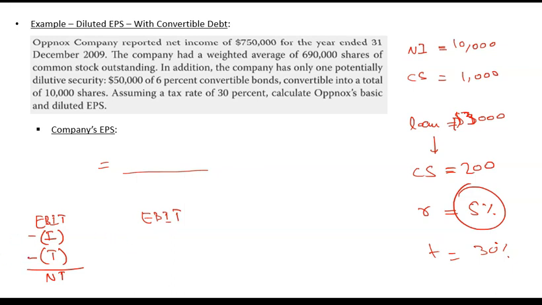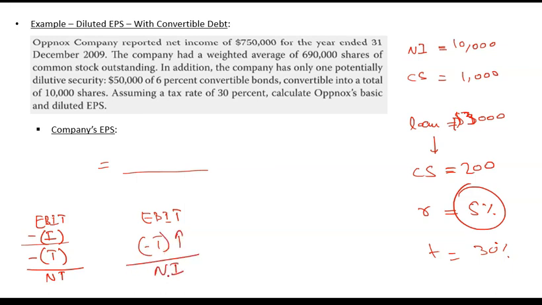Secondly, there was a tax that I paid. This tax was paid on profit before tax, and profit before tax was EBIT minus interest expense. I applied 30% on that. But now, as I do not have interest expense, my profit will increase, and when my profit increases, tax will also be higher.